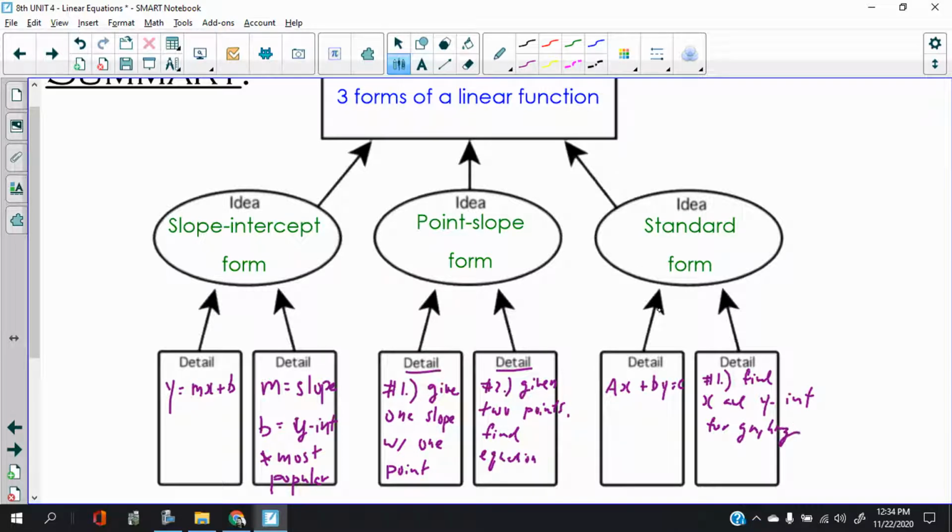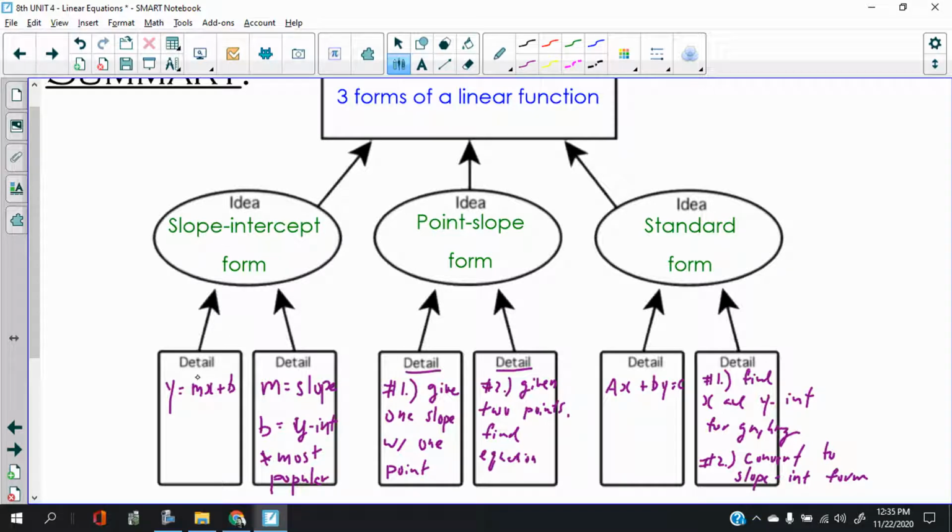The second thing you need to remember is to convert to slope-intercept form. My handwriting has gone off a cliff over here, so let me read all of this again.